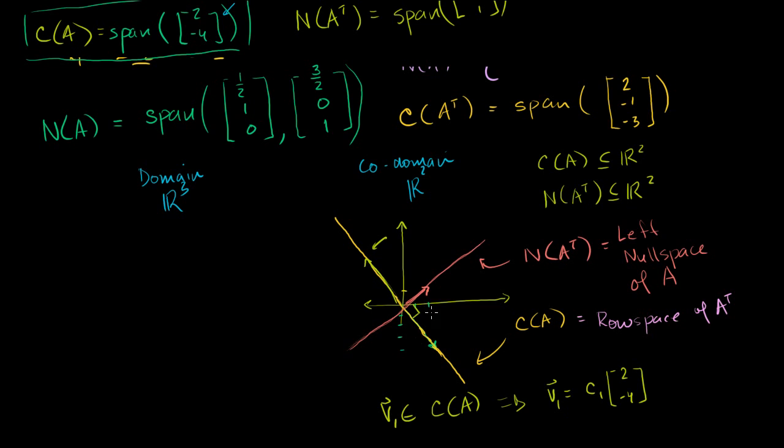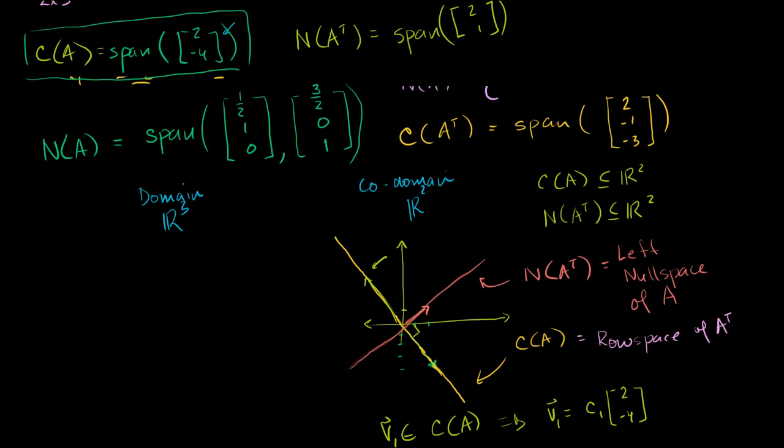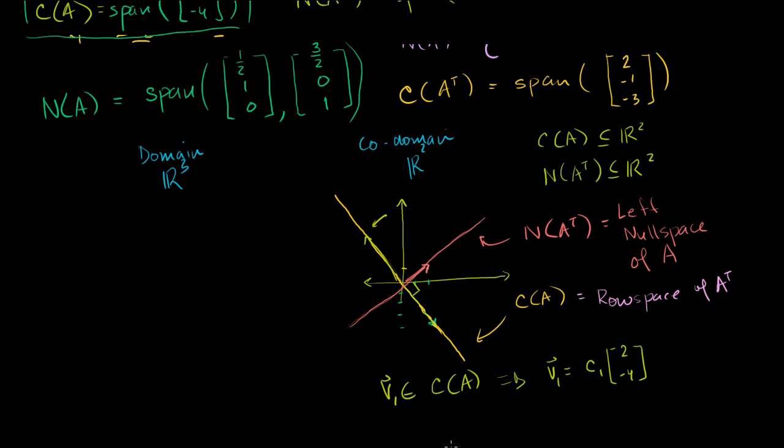That's some member of our column space. Now, if we want some member of our left null space, let's say that V2 is some member of our left null space, or the null space of the transpose.